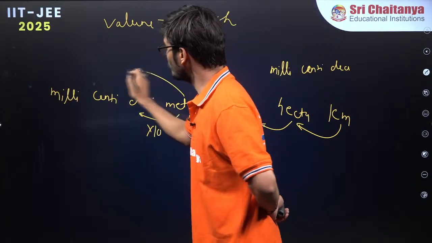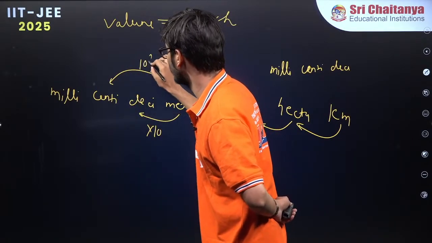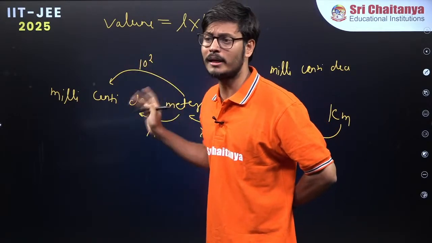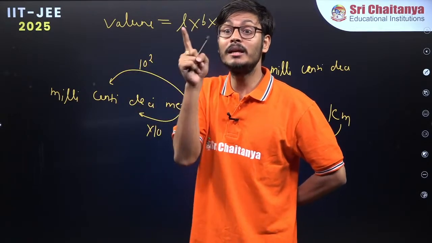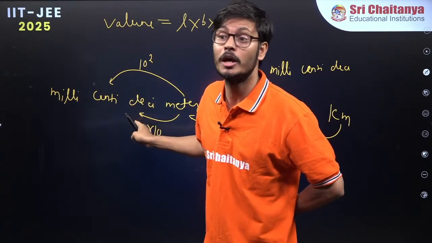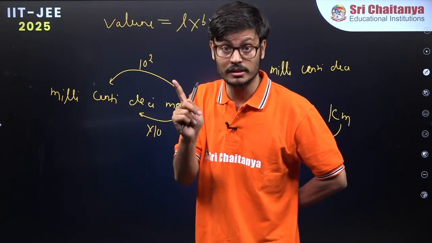But if I go 2 units, this will be 10 into 10, which will be 10 square. Beta ji, listen everyone. This is very, very important, and I'm telling you, more than 90% of students are not able to tell the unit conversion for volume. You'll make so many mistakes in the papers.